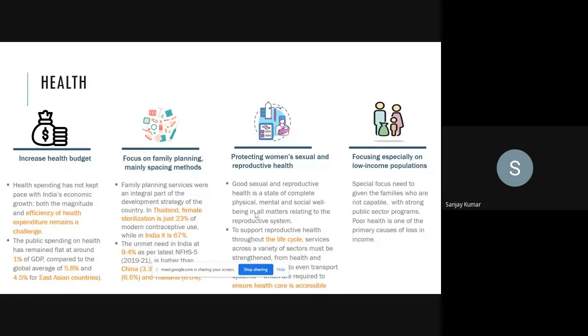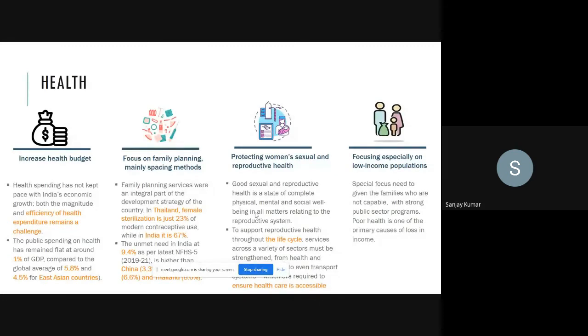What we have seen is that there is a requirement of increasing the budget on health. Our contribution on health is just 1% of GDP, while in other Asian countries it is around 4 to 5%. So a huge difference. A lot of budget is required for the health system.